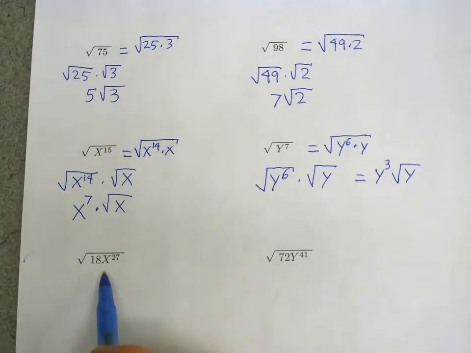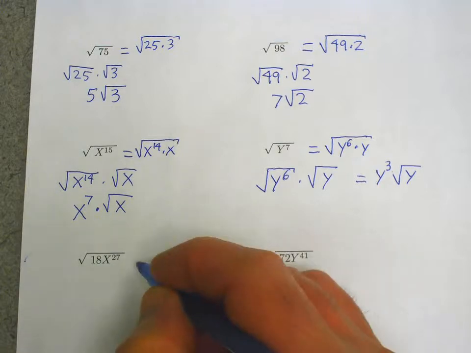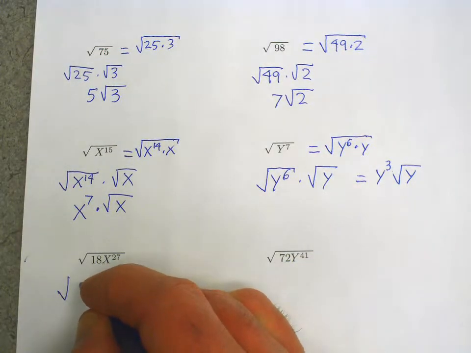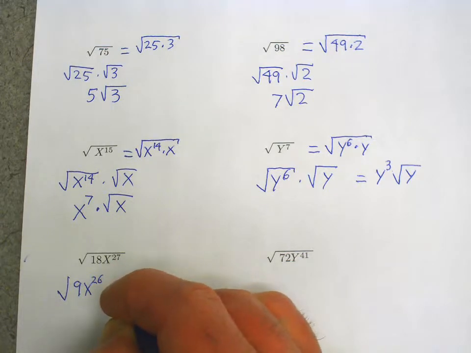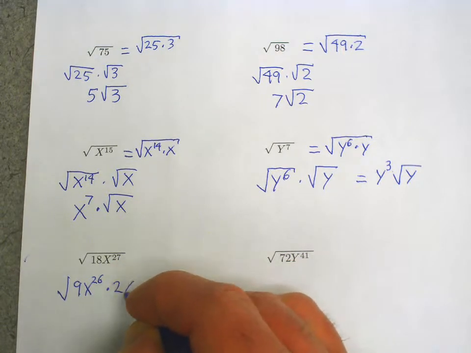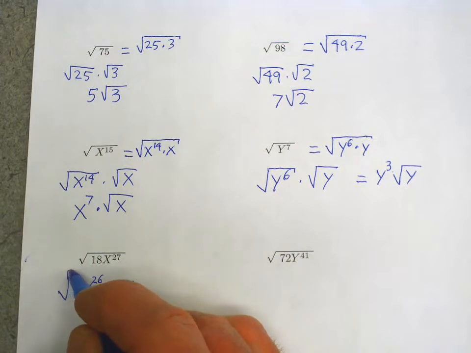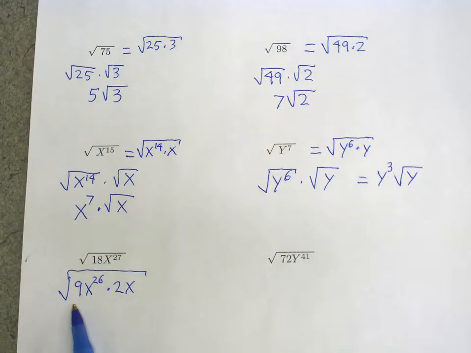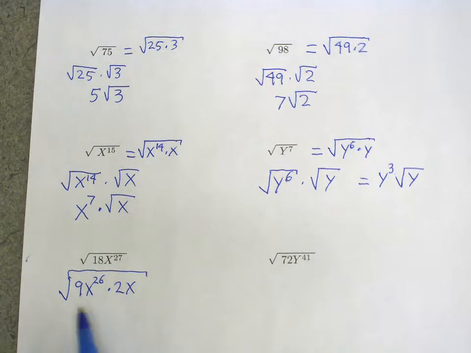Okay, so we can rewrite this as the square root of 9x to the 26th times 2 times x. You can see what I'm doing. I'm putting the perfect square factors farther to the left. And you can verify that you've done it correctly just by multiplying.